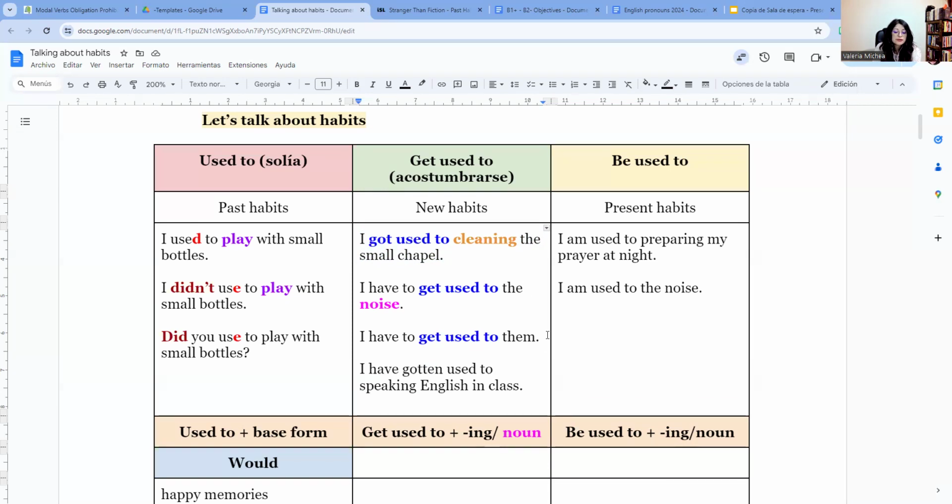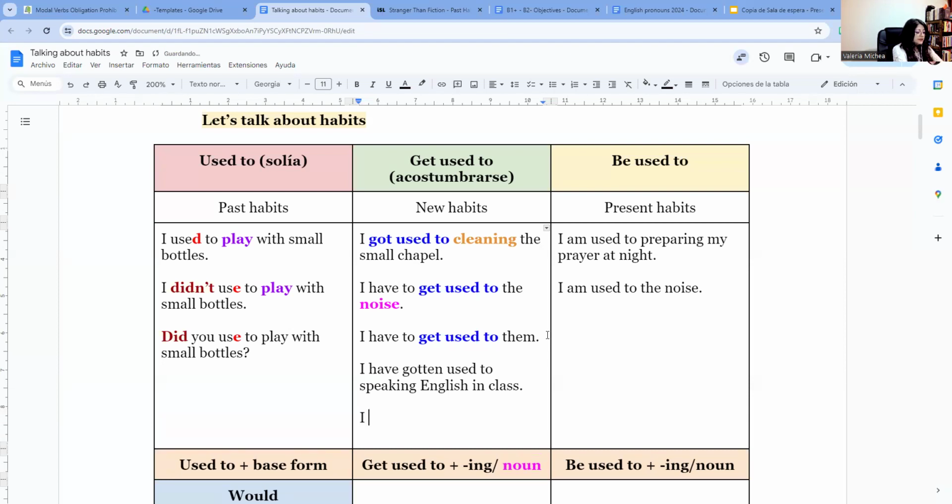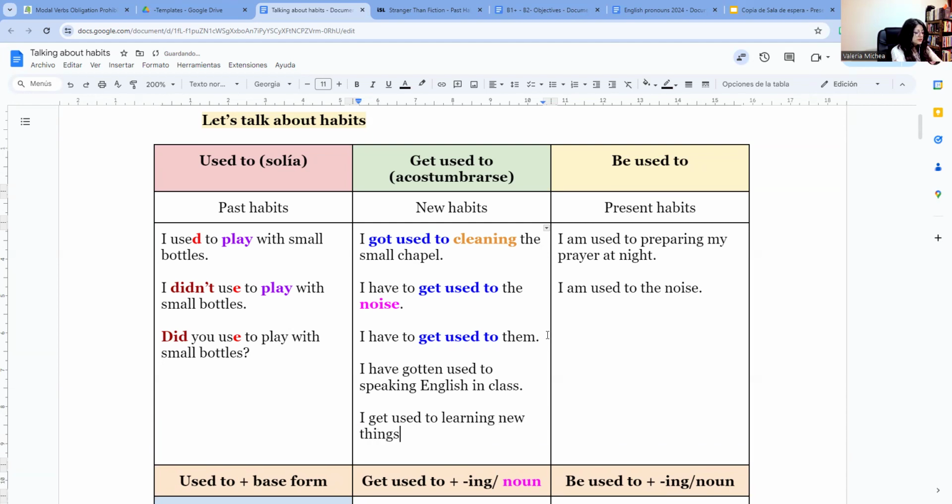It's a new thing for me, right? So I get used to learning new things very quickly, for example. All right, so again, this is something that I can do like without much effort. I get used to learning new things very quickly. So I can acquire a new habit very quickly.